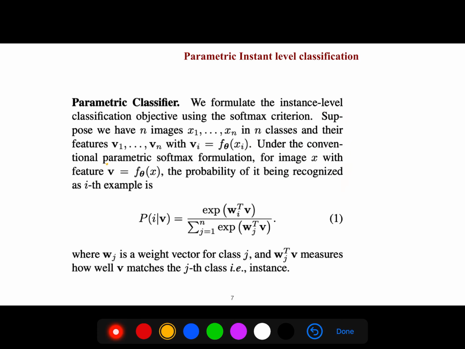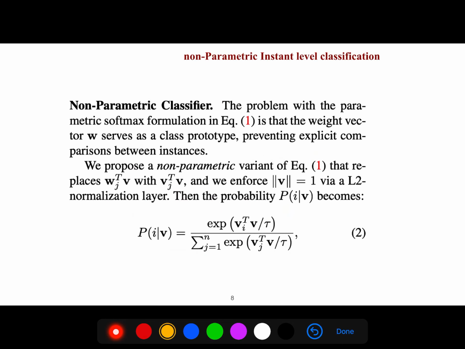Under the conventional parametric softmax formulation, for an image X with feature V, the probability of it being recognized as the i-th example is this probability given V. But for non-parametric instance-level classification, the probability becomes like this.